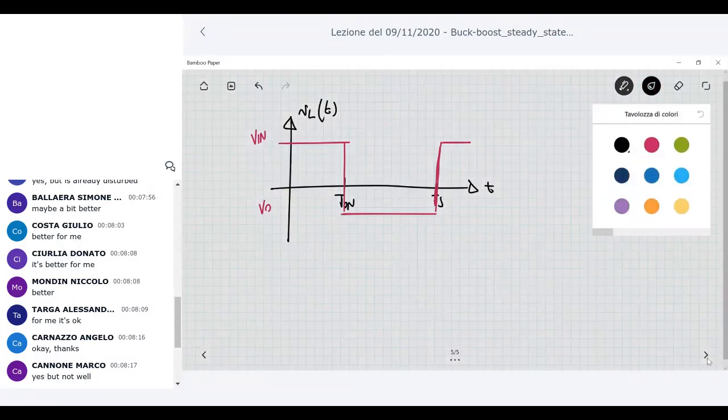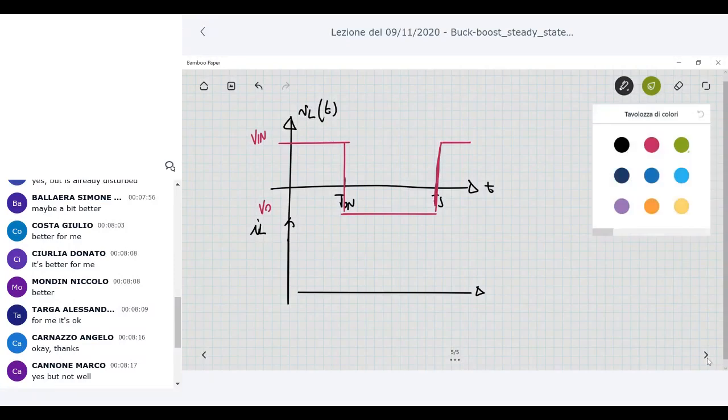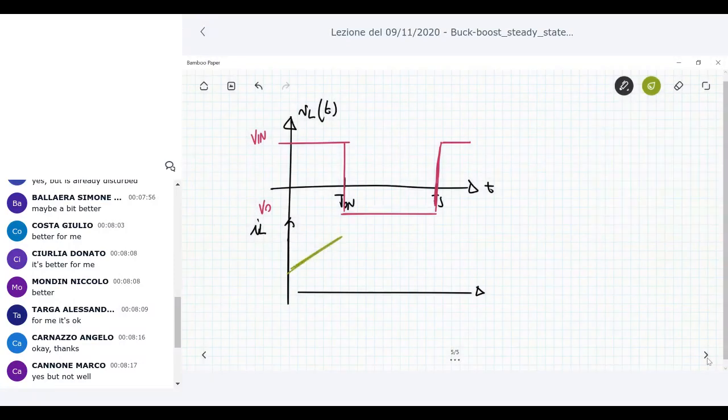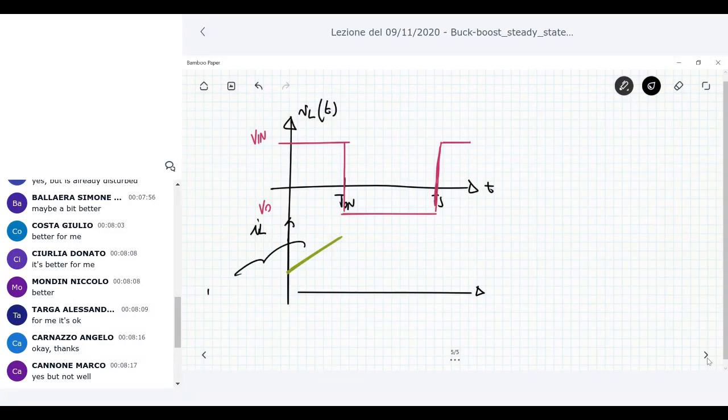What happens to the current? The current flowing through the inductor has a positive slope during T on, and the slope is V in over L, as I said before.